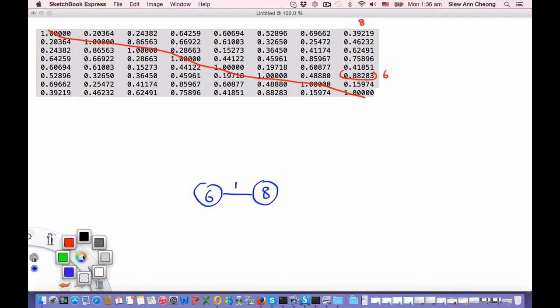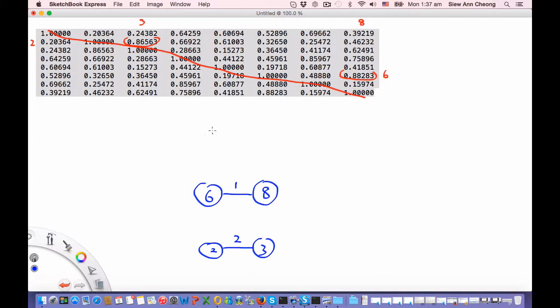Next, the next link that we need to draw in is 0.86583. This is the next largest one, and it is between 2 and 3. So it's between node 2 and node 3, so we can again draw it. So node 2, node 3, second.